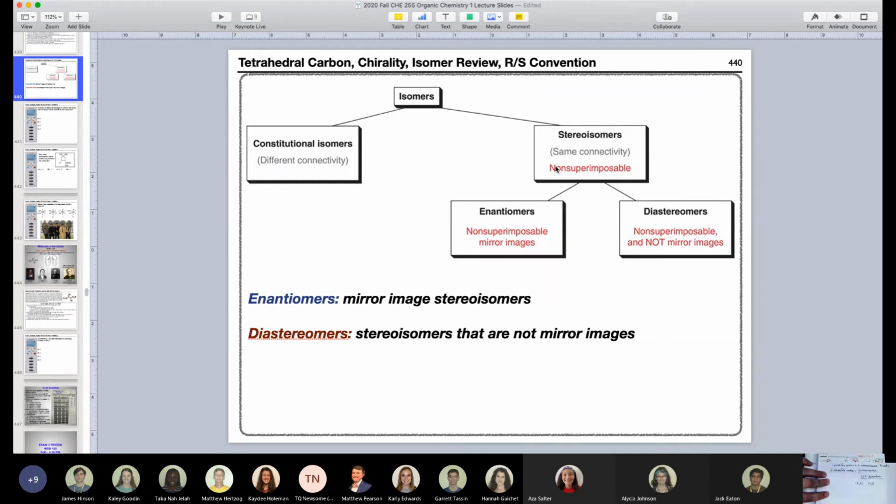So those are enantiomers. So now let's put in another term. We figured out two of the 4.